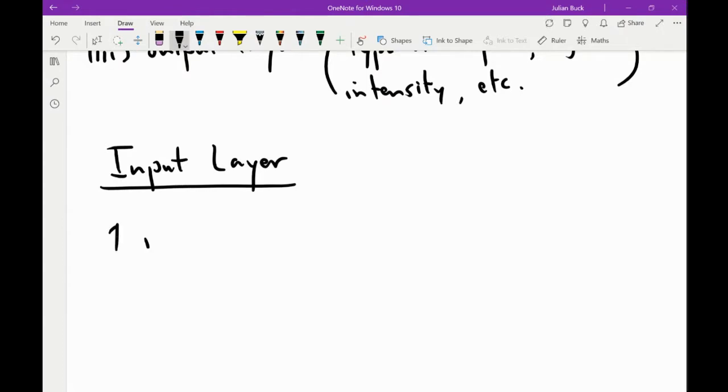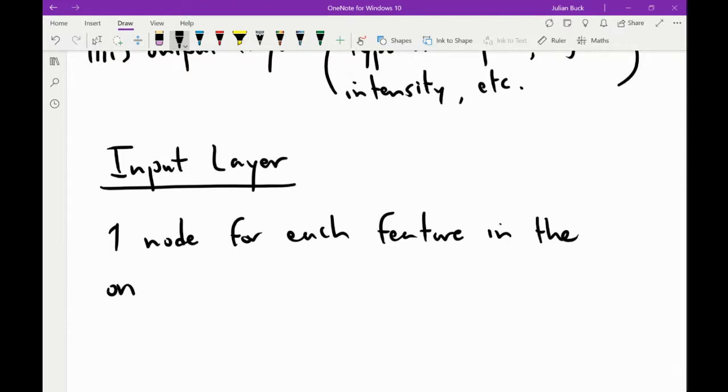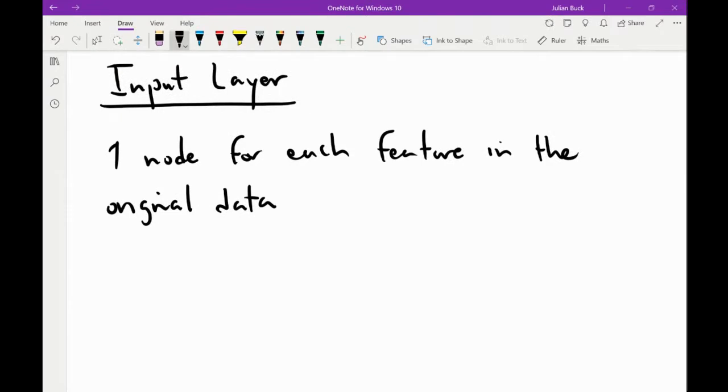You have one node for each feature in the original data. And we've already seen that in the pictures, right? For each data point, or each feature x1 through say xp, there was a node. That's simply where the information goes in, and then it gets sent out to all the hidden layers. It's not much to say there. Hidden layers, plenty to say.